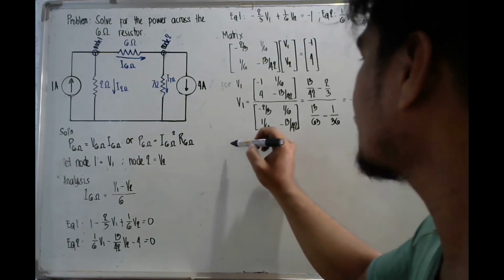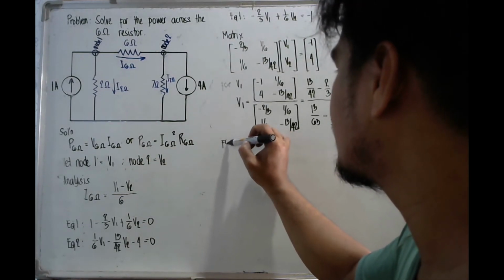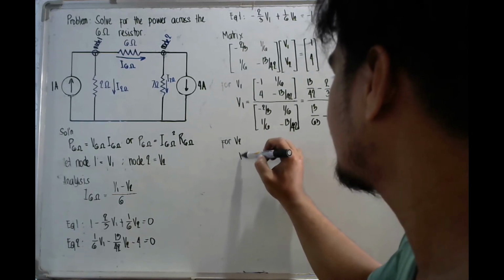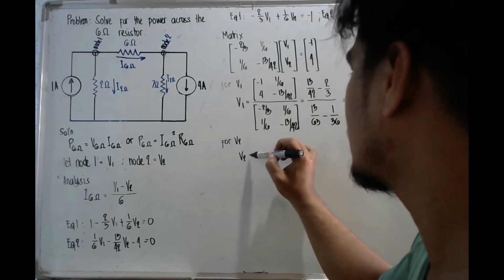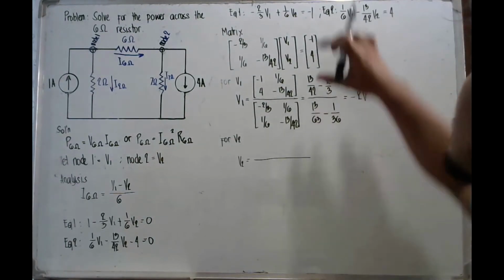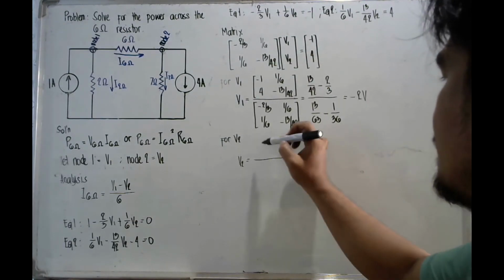So for your V2, substitute the constant values into your column of V2.